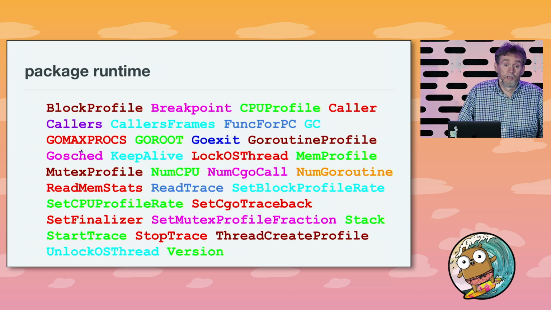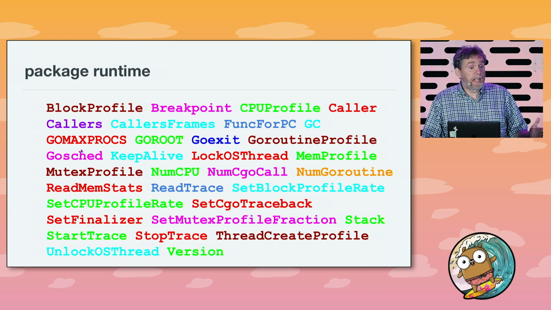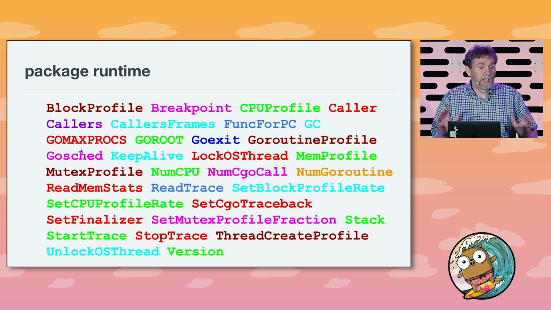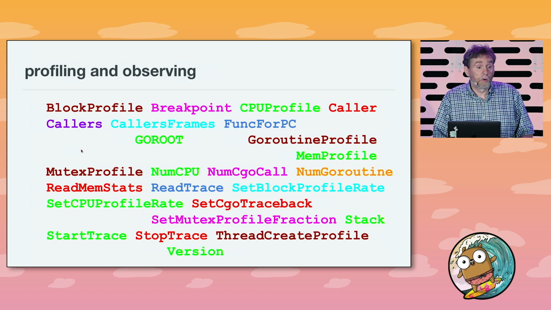All right, so what on earth is in that package? Well, a multicolored display of stuff. You don't need to read all this because we're not going to talk about all of it, because most of it is concerned with things like profiling and observing what's happening with a running Go program. For instance, there's a function there that tells you how many Go routines are alive at the moment.